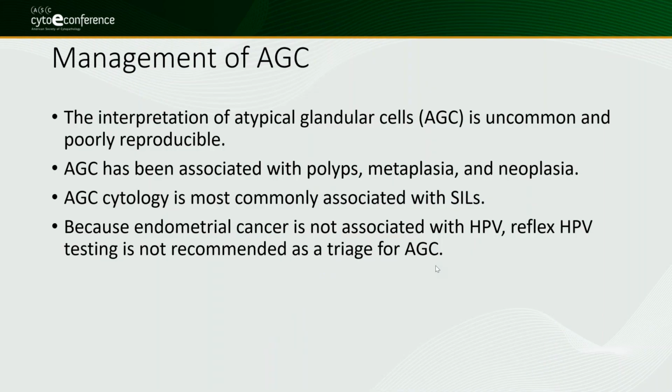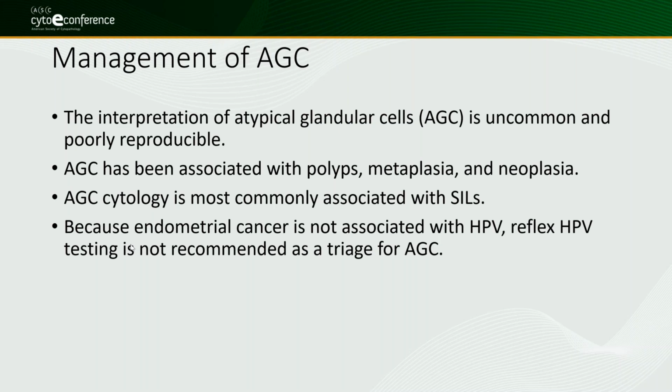So a few words about management of the atypical glandular cells we talked about. The interpretation is uncommon and poorly reproducible. There are quite a few studies done by the CAP showing not so good inter-observer concordance. So that's why it's important we all follow the same criteria, stick to the criteria.